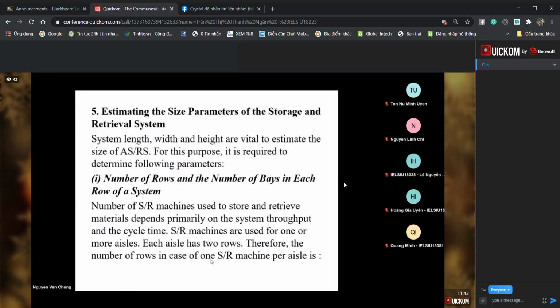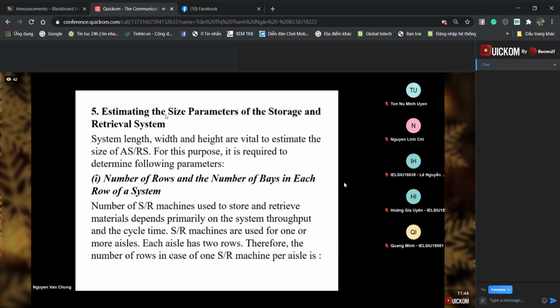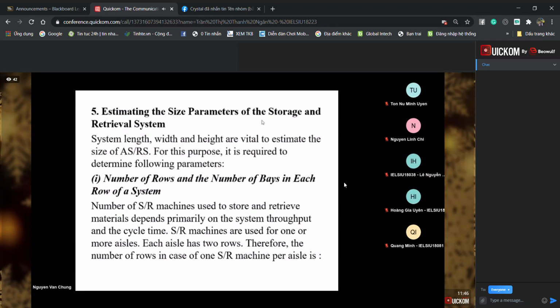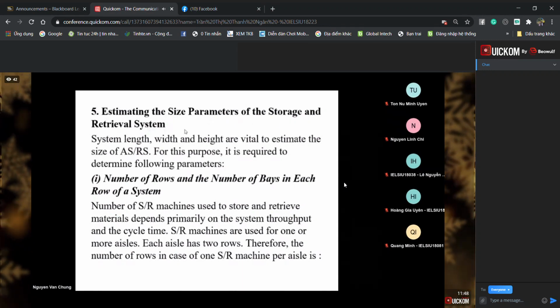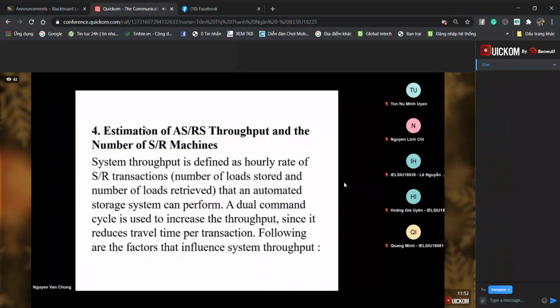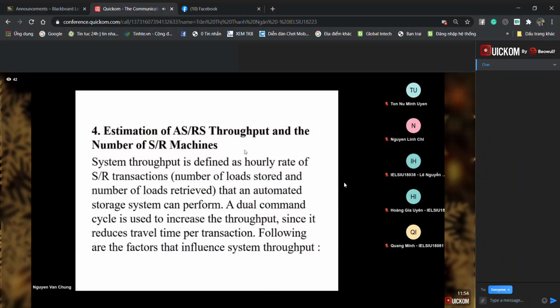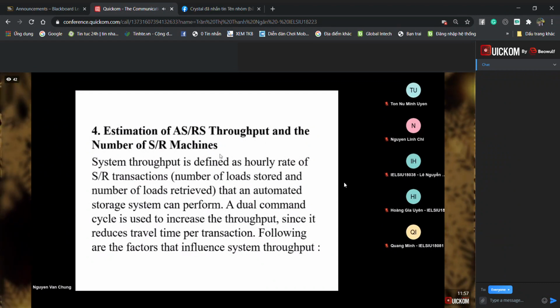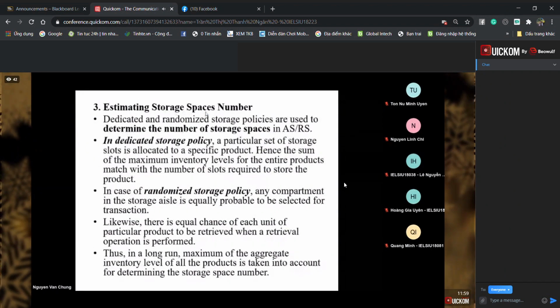Now, the third is estimating the size parameters of a storage and retrieval system. First you have the throughput, the number of ASRS machines, and the storage space.